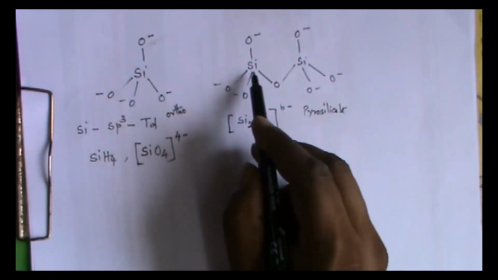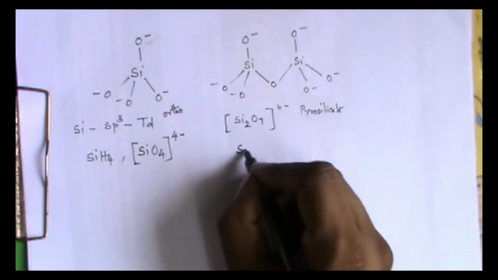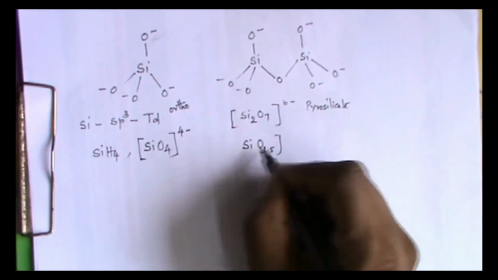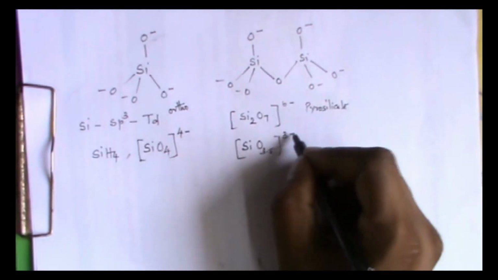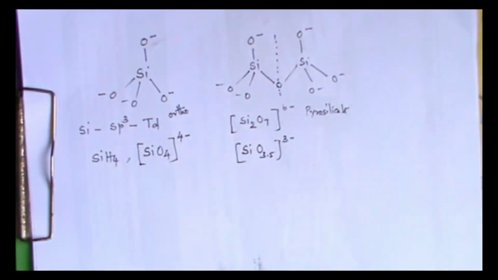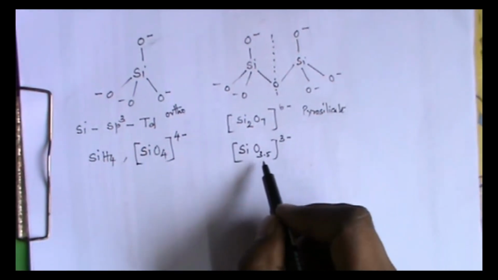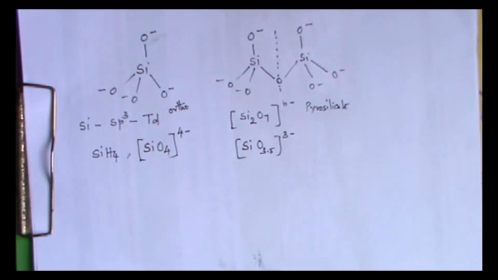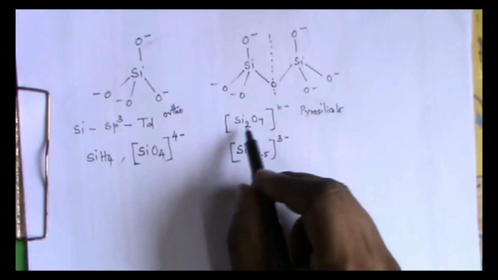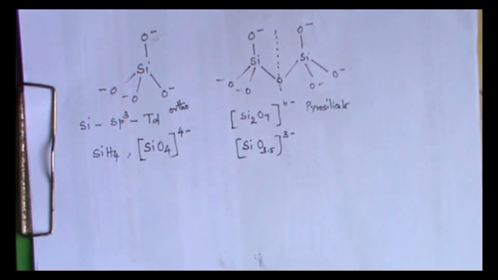Suppose you consider only one silicon atom, in that case it will be Si1, there will be 3.5 oxygen atoms and there will be 3 minus charges. That is considering only half of this, but here oxygen we have 3.5. To make that into a whole number, we go for Si2O7 6 minus.